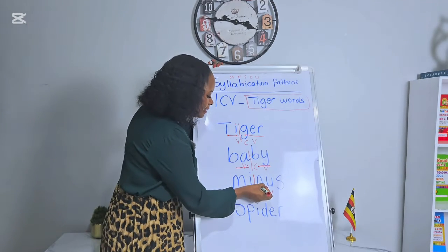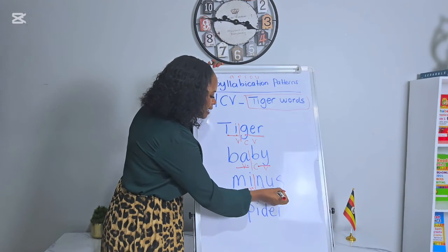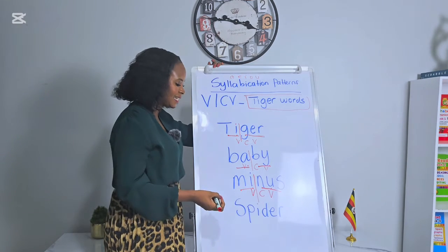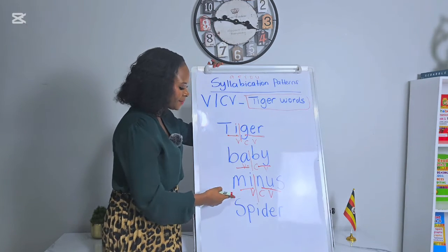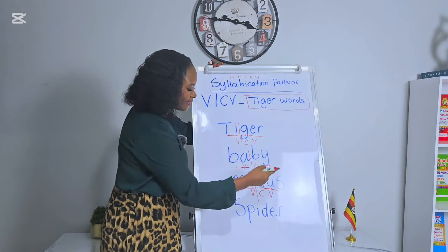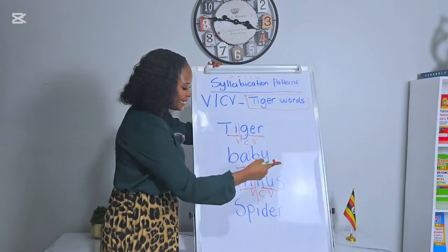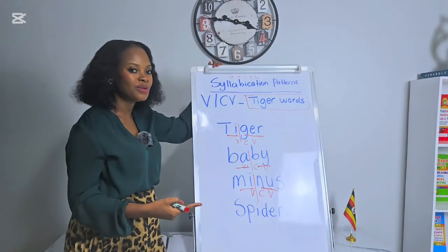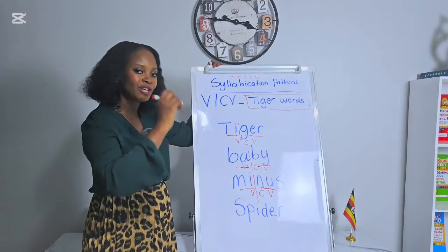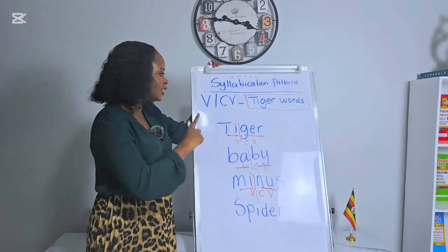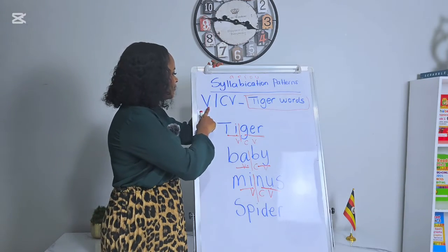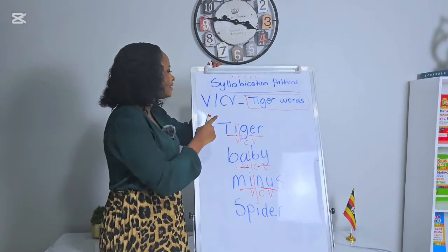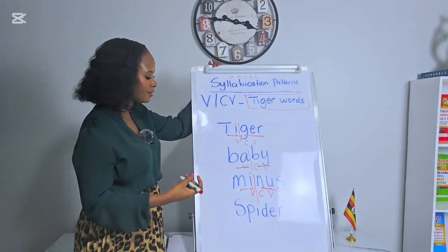Okay, the other part. Nus. Blend. Nus. Okay, let's do it. Minus. Faster way, minus. You need to be aware of this syllabication pattern so that when you mark the vowels and the consonants, you see. Is it VCV? Yeah, if it's VCV pattern, split after the first vowel.